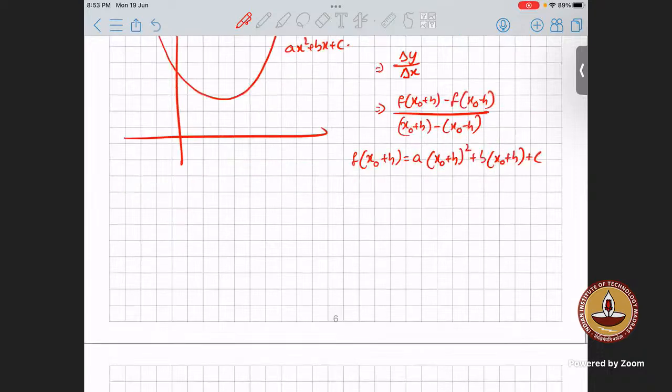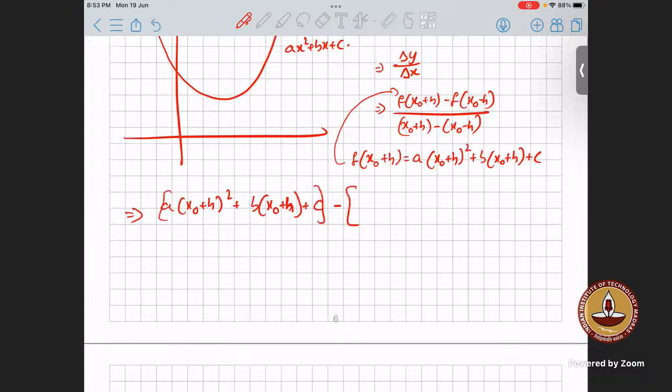We substitute this here: a into x naught plus h whole square plus b into x naught plus h plus c, minus a into x naught minus h whole square plus b into x naught minus h plus c, divided by 2h. Agree?